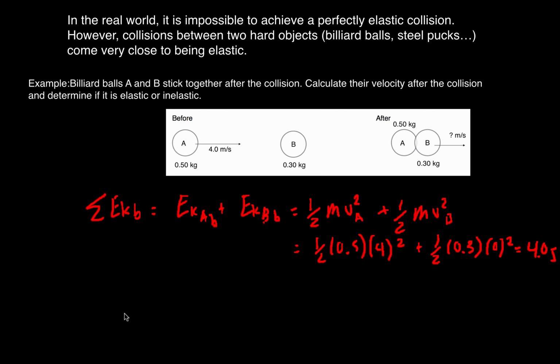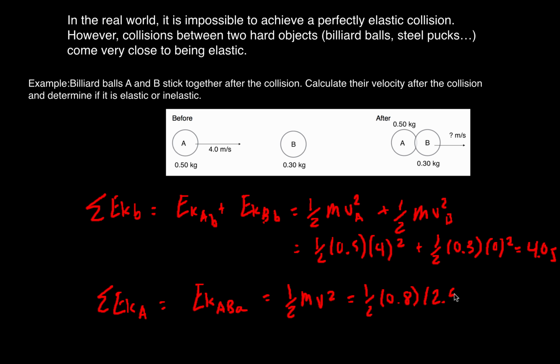The sum of the kinetic energies after the collision is EK of ball AB, now that they're combined. 1/2 mv squared for ball AB is 1/2 times 0.8, because their combined mass becomes 0.8 kilograms, times the velocity we found in the first step, 2.5 squared.